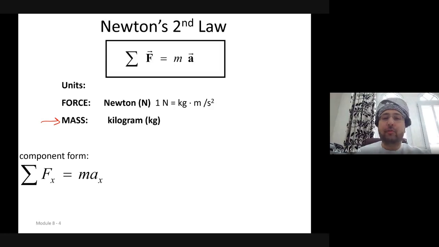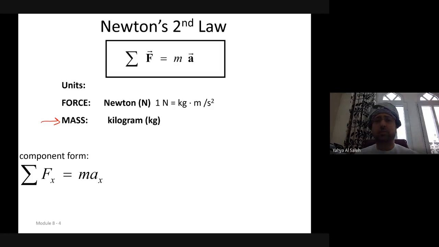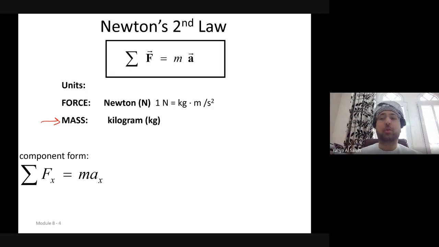So in component form, remember what we said all the way back in chapter 2 with vectors. The x, y, and z components are upset. They never speak to each other. And that was true when we were doing 1 dimension. That was true when we were doing 2 dimensions. And now it is also true when we do forces and Newton's laws, because again, these are all vectorial calculations.